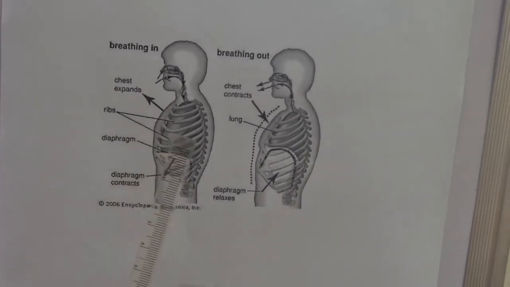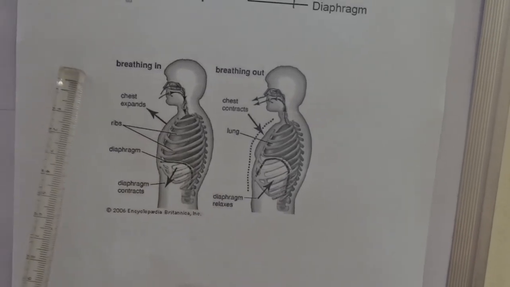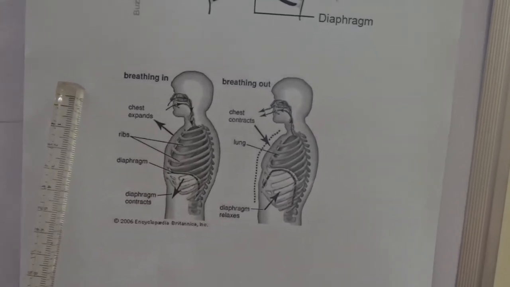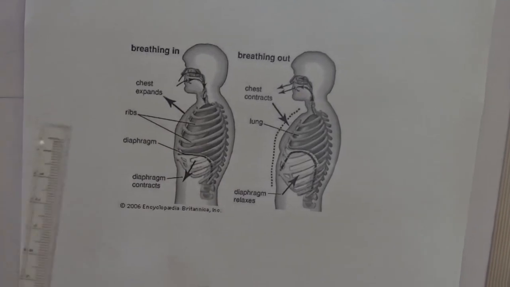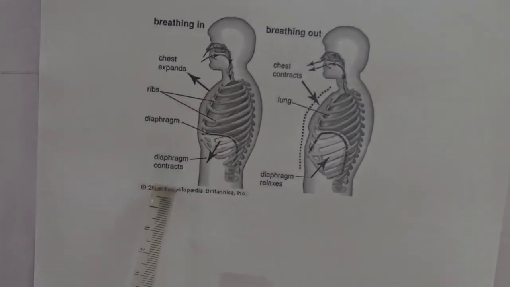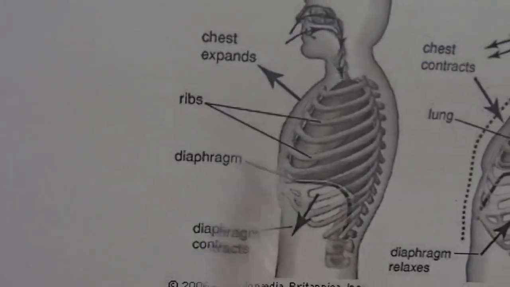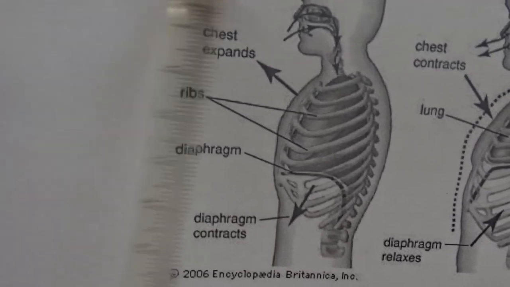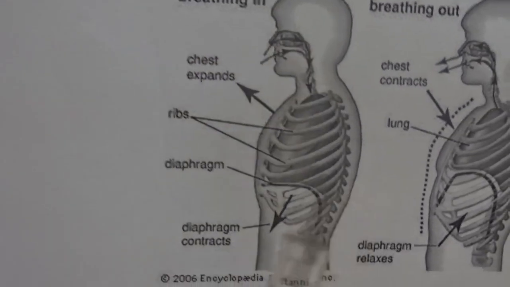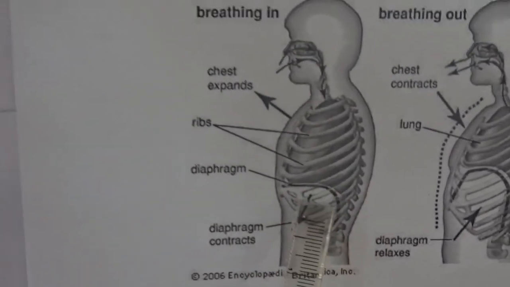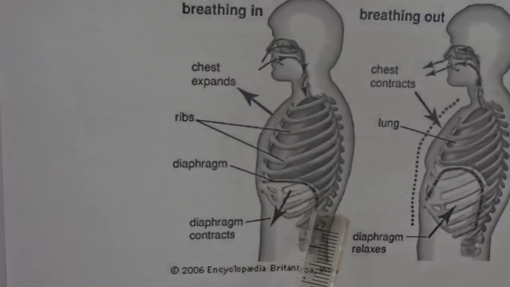There are two important events in inspiration or inhalation: the diaphragm contracts, and the chest expands. When air enters, the diaphragm contracts, forming a flat structure.